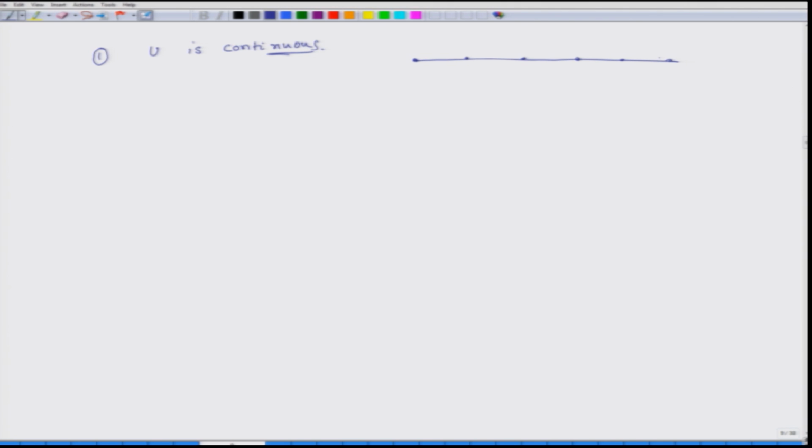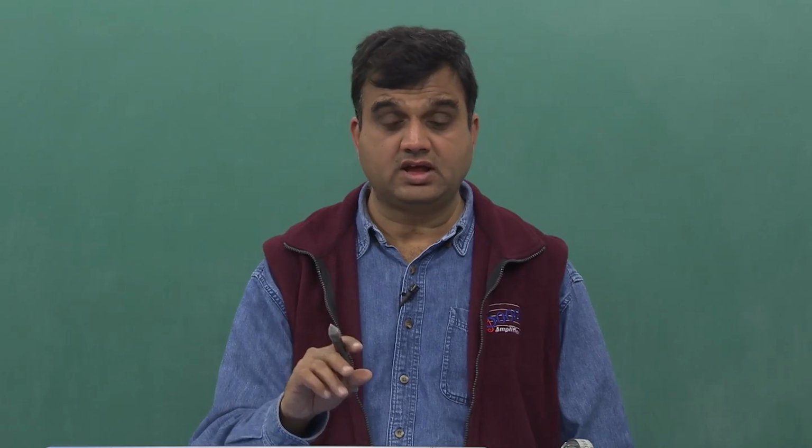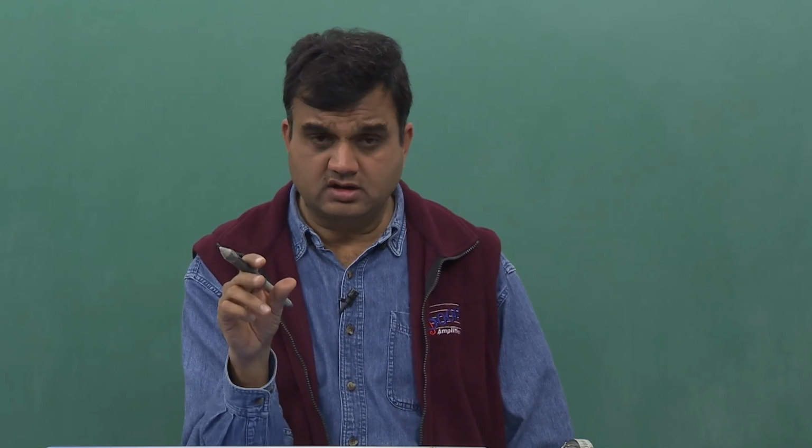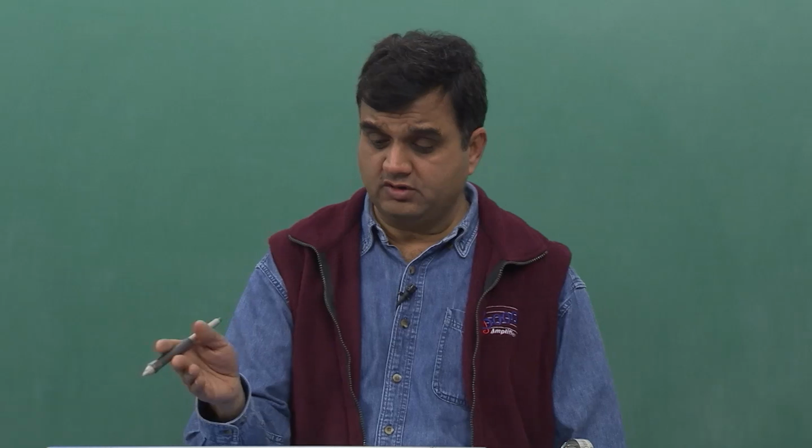What this means is that if these are my different elements, my overall U could be like this. The variations between two nodes will be linear if the element was linear, and quadratic if the element was quadratic, and so on.